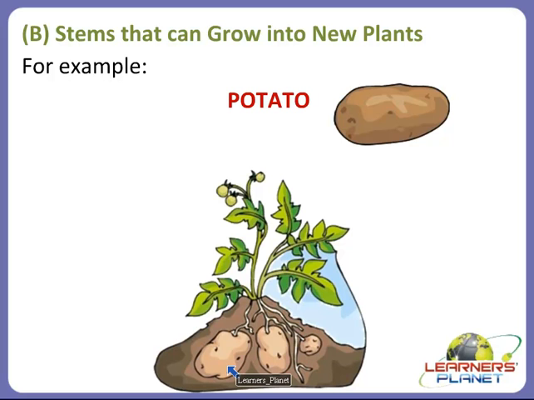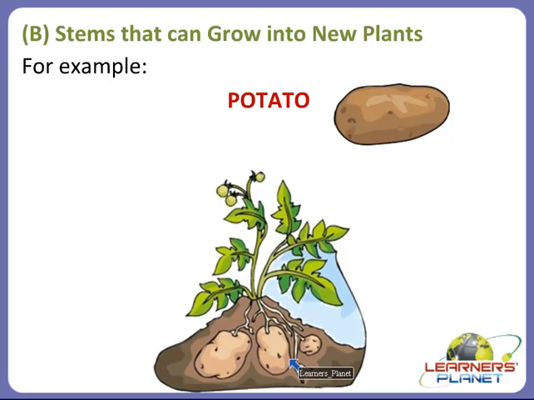But what is it actually? A bud is present. Where is it present? Yes, it is present on the surface of the potato only. Potato is, that is why, a special kind of stem which grows under the ground, right? So that is why it is called an underground stem.